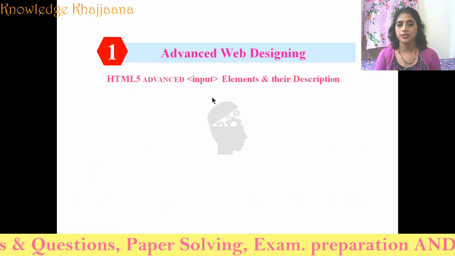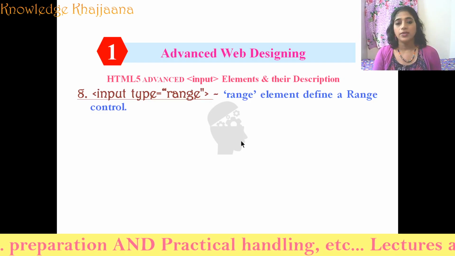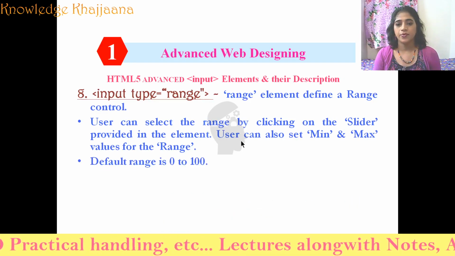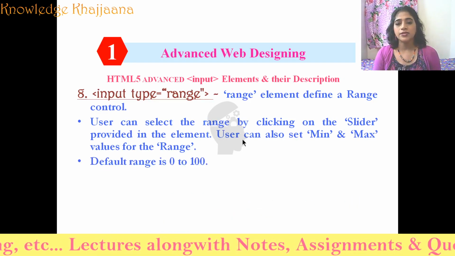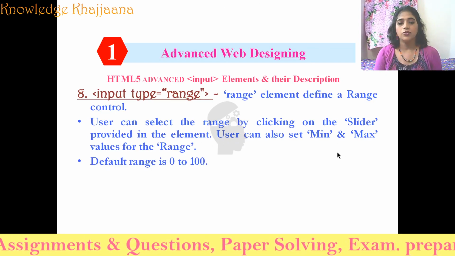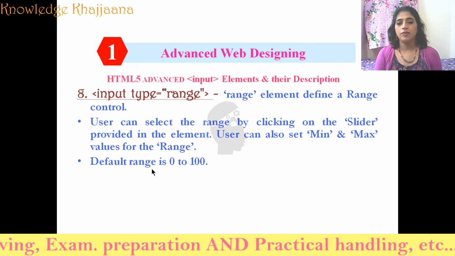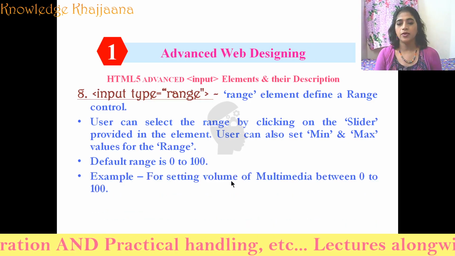Month. The next element is range. Where this range element is used, see, user can select the range by clicking on the slider provided in the element. User can set the minimum and maximum values for the range. Default range is 0 to 100.